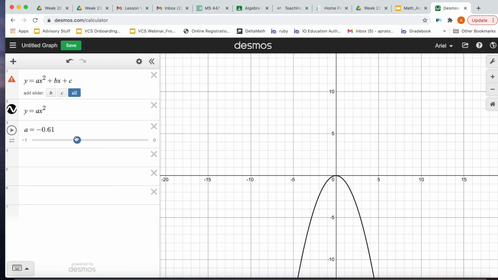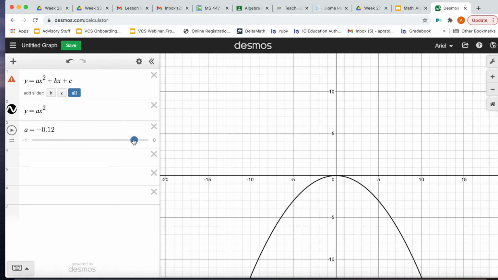But what's happening when we multiply by fractional values? And how is that different from multiplying by fractional values between 0 and 1, or between 0 and -1? And how is that different from multiplying by numbers greater than 1 or less than -1? How is that different? What's happening here?